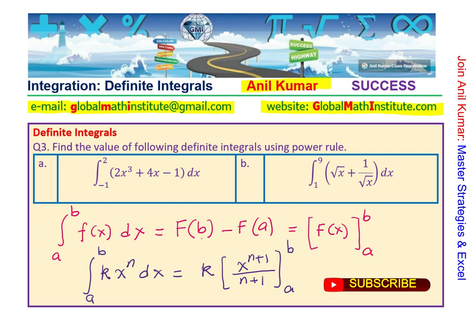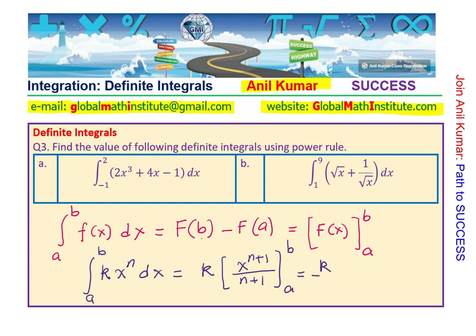Makes sense? So x is the variable, right? You could also rewrite this as k over n plus 1, simplify as much as you can, and then x to the power of n plus 1 from a to b.